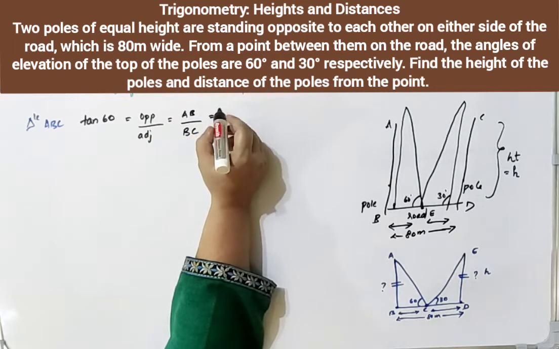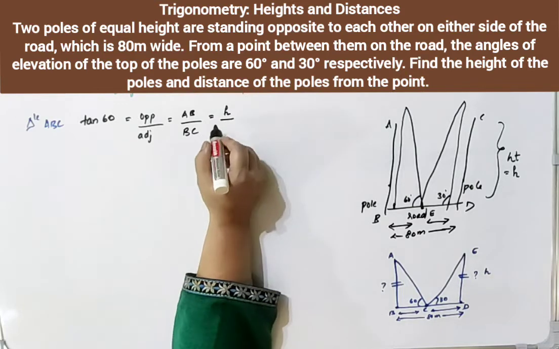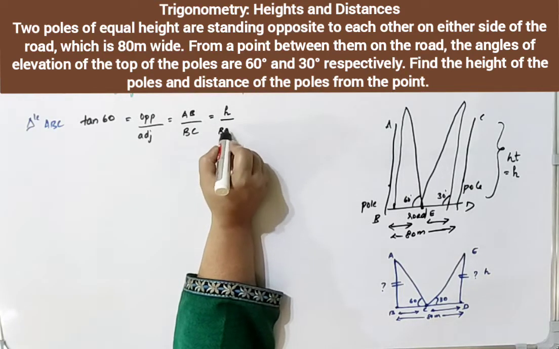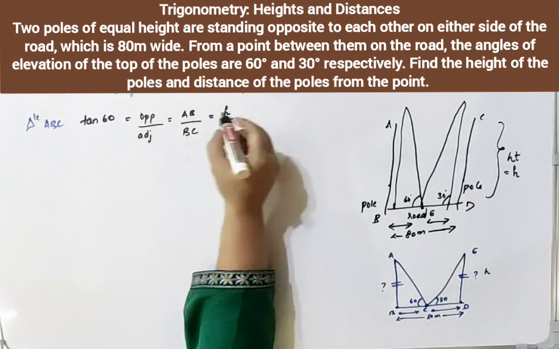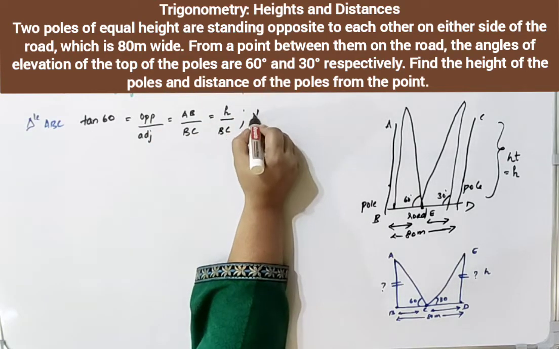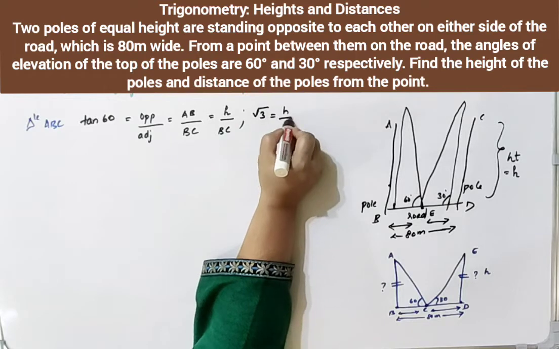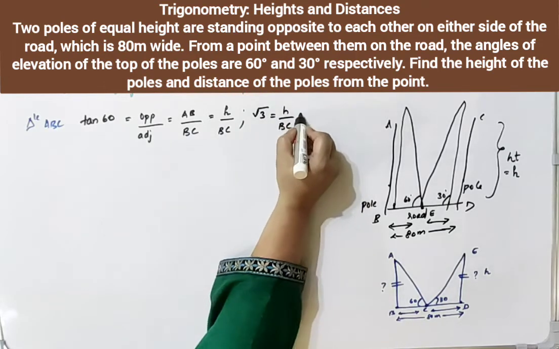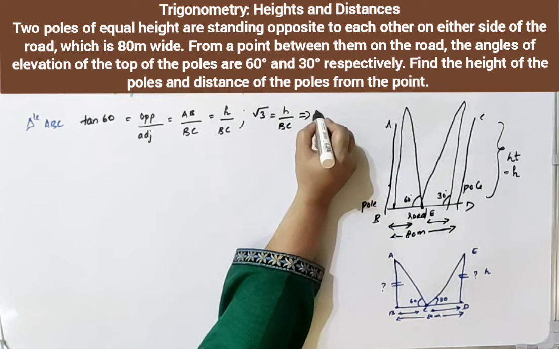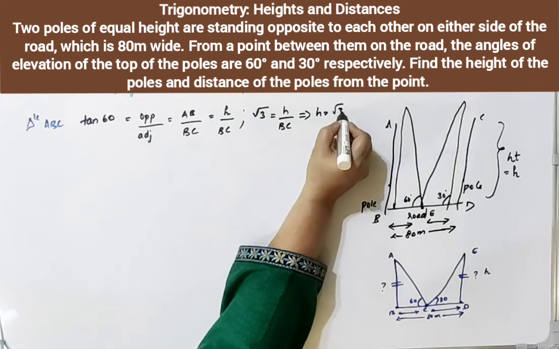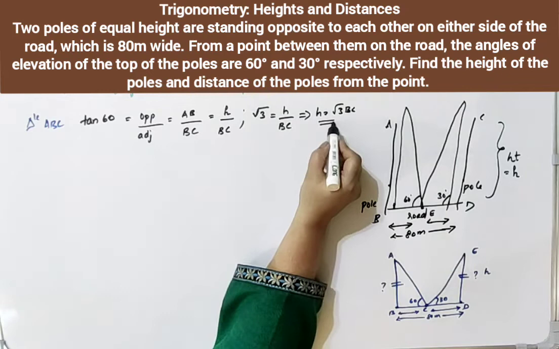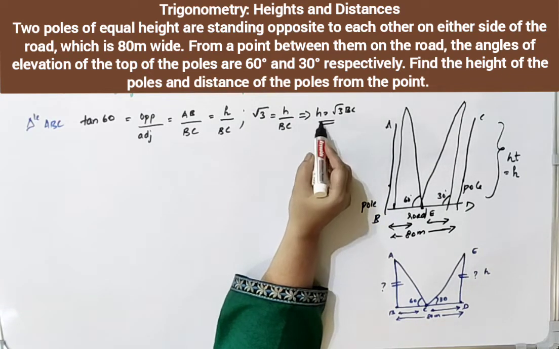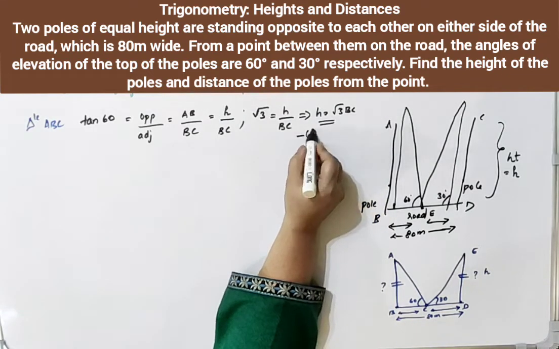What is AB? We'll call it as H, which we have to find out. And BC we are not aware, so we'll leave it like this. Tan 60 is root 3. So root 3 is H by BC, which means H is equal to root 3 into BC. We have taken BC on the other side and kept H on one side. So let's call this as equation 1.